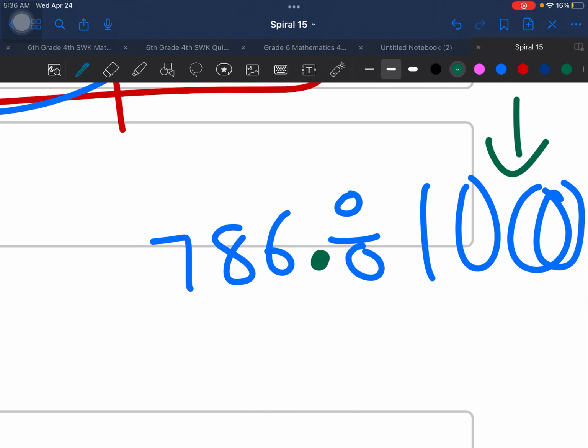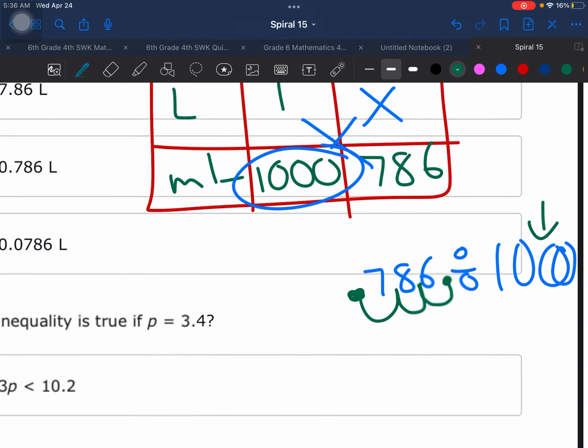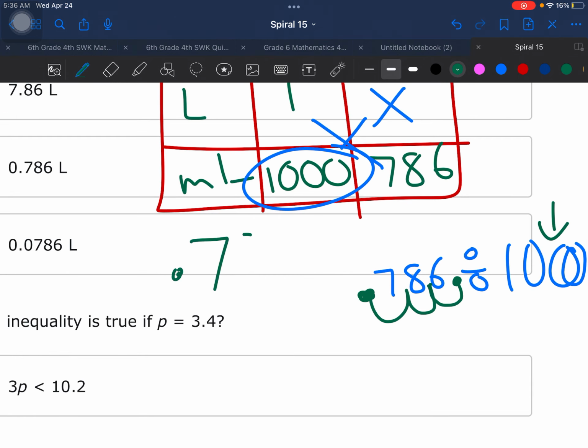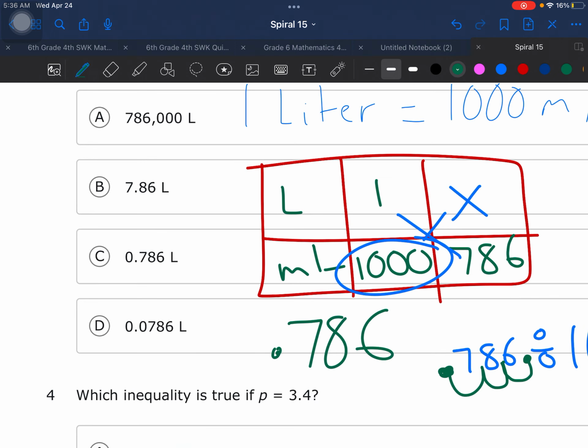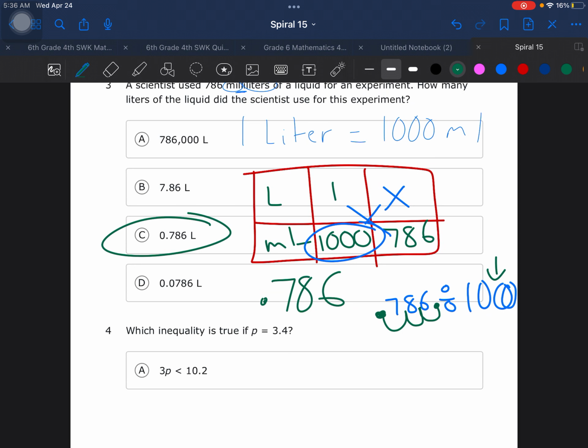So let's put a decimal where it goes. And if we're dividing, that means this number is going to be smaller. So 1, 2, 3 zeros. So 0.786. 0.786. There you go. Or you can actually divide, and that's what you would get as well. No pasa nada.